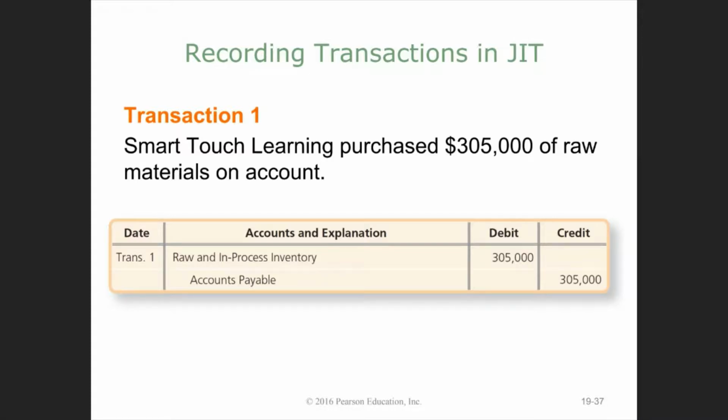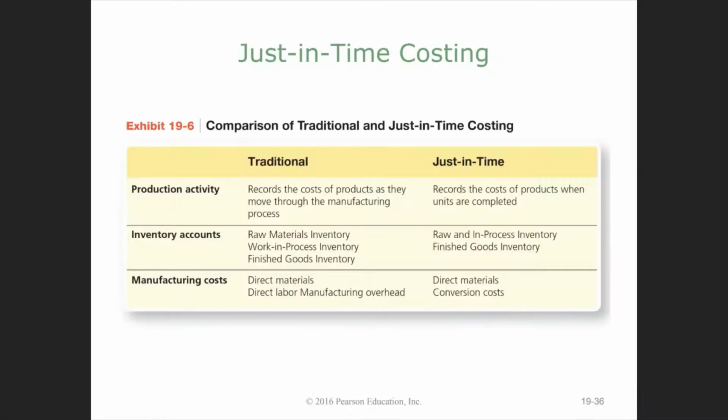Come back, look at this slide. This should help you as well with that. Just keep in mind, read the question through and through. So for just in time, you're looking at raw and in process inventory. I think it's slide 36. Yep, slide 36, that's where you'll see all that. So you see here, they distinguish between the two: raw materials inventory, raw and in process. And you also need to pay attention to the other ones as well.